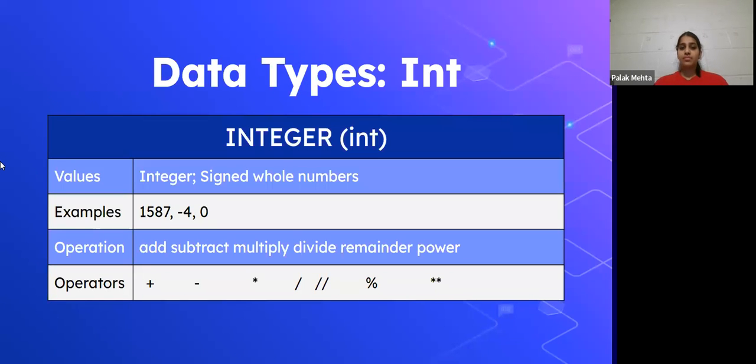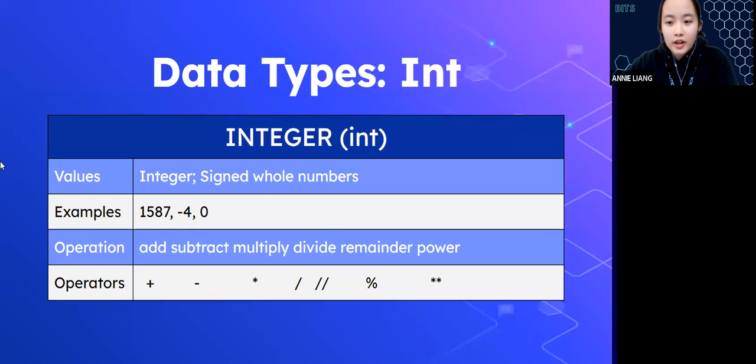So data types: int. If you guys know what an integer is, please put it in chat. I'm sure you guys do know. If you took arithmetic before in class, or you're familiar with math, integers are any whole numbers.